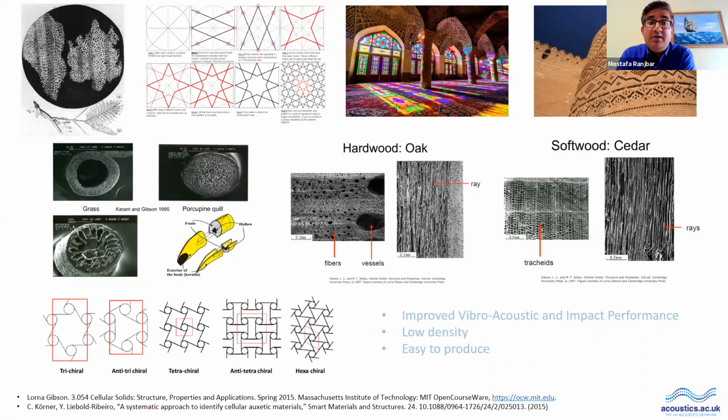They are cellular, lightweight, and quite good in terms of impact, noise radiation, and low density. Due to the cellular structure, they are easy to produce. And specifically for cases where the bending within the structure is important, they can perform very well. The bending is important because bending is an issue in vibro-acoustics as well.